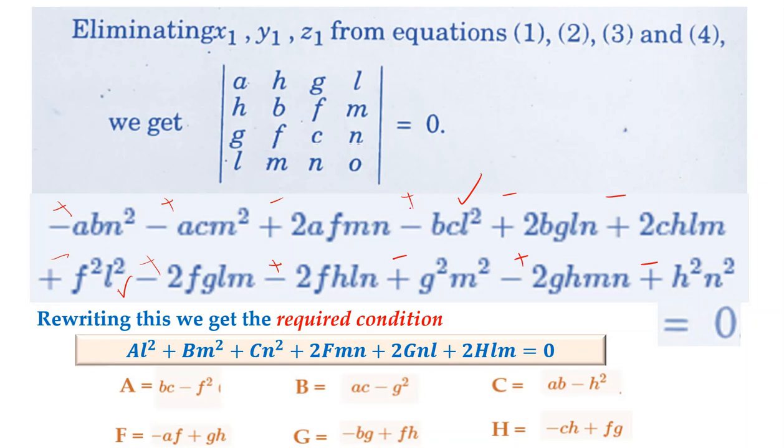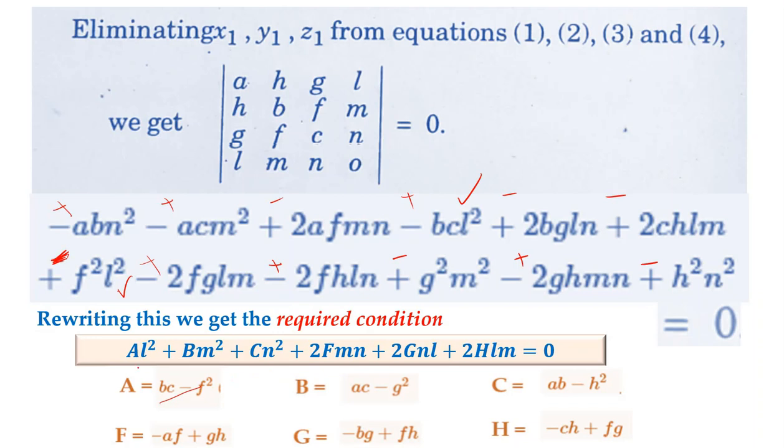So when we compare this, plus BC minus F square. So that is BC minus F square that we have. In the same way you collect the terms containing M square. So this becomes plus AC M square, and with a negative sign, minus G square. So this is how we get it.